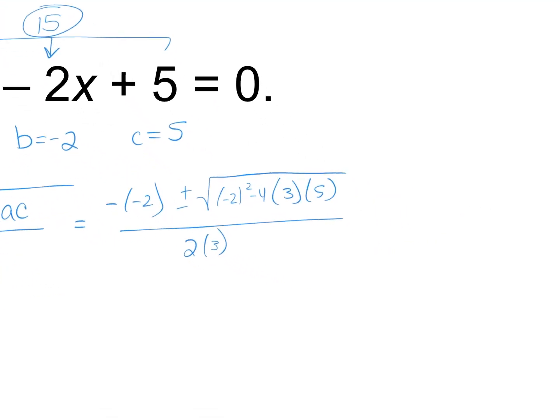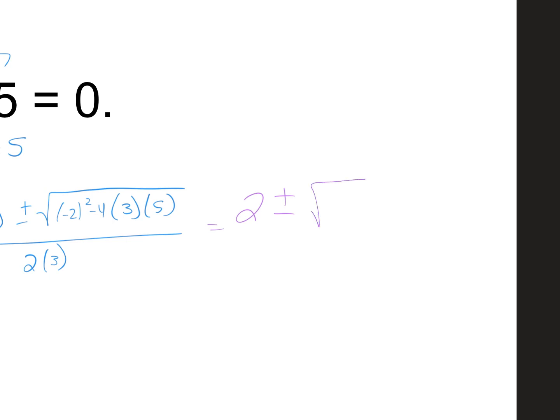So take your time, guys. A negative gives me a +2, plus or minus. What is -2 squared? 4. Then I have minus 4 times 3 is 12 times 5 is 60, all over 2 times 3 is 6.